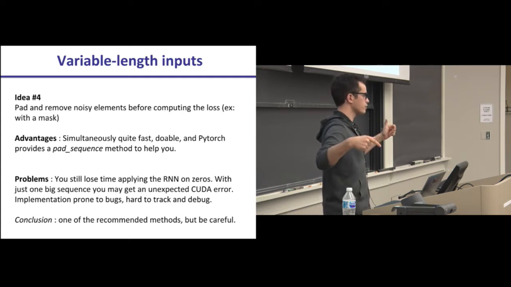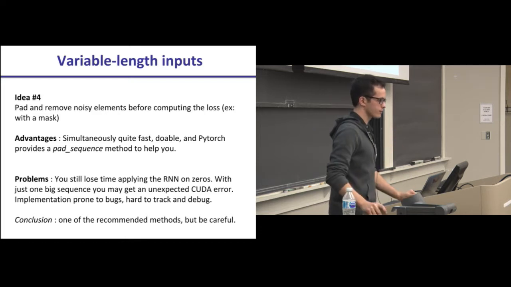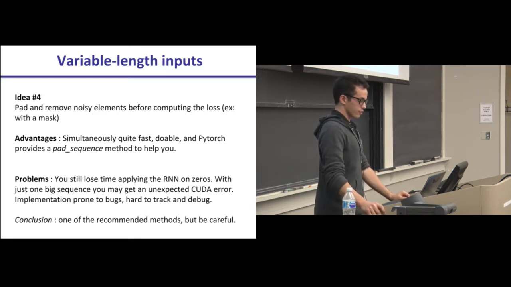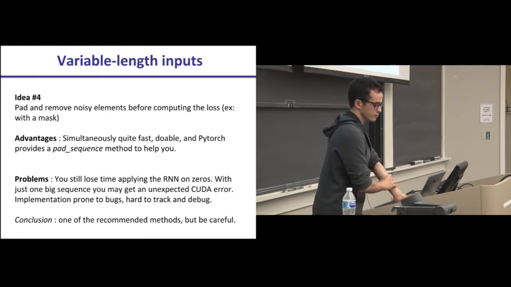That's the first problem, and also even if you don't, you're wasting a lot of computational power feeding zeros or anything to your network. So that's also a problem. That being said, it's still a pretty good idea, but you have to be careful when you use it. If you know that you have long sequences, you might have to reduce your batch size. But that is one idea.